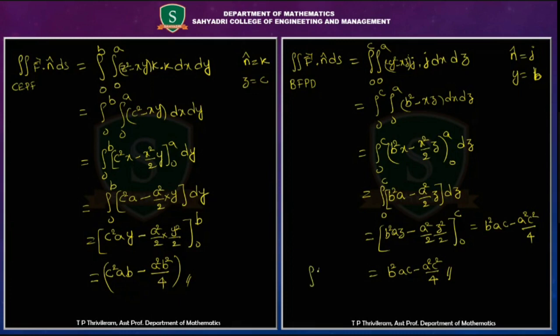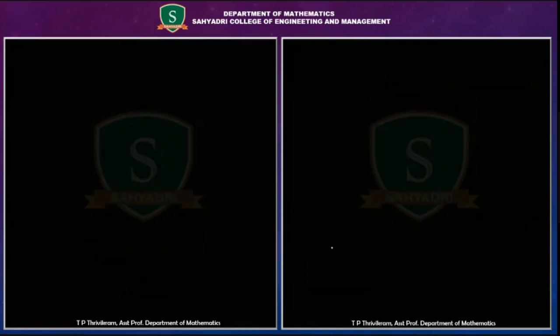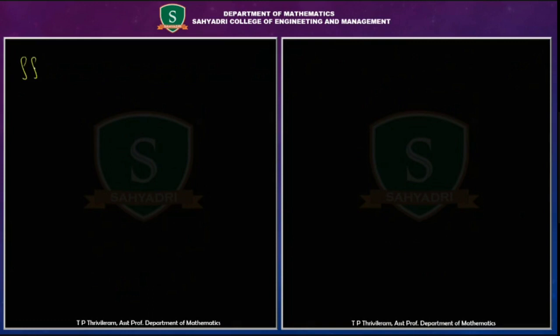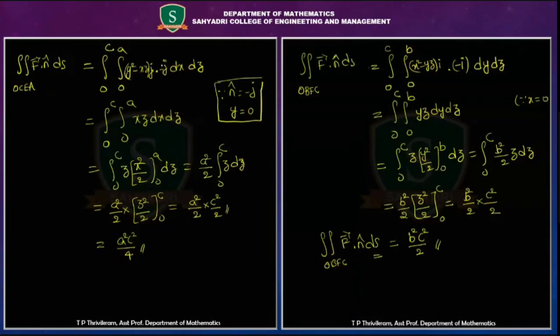Okay. So the double integral over BFPD, the value is f dot n cap ds. Okay. Now the last surface, that is ADPE. Double integral ADPE, f dot n cap ds. Check this.